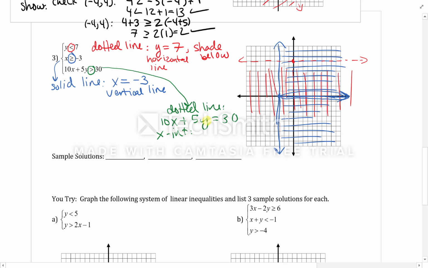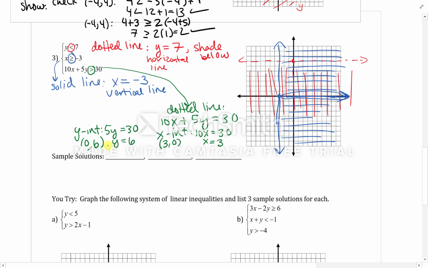So again, the x-intercept is when you plug in 0 for y, which would leave me with the equation 10x equals 30. So then x will be 3. So my x-intercept is 3, 0. And then my y-intercept is what I'd get if I plug in 0 for x. That would leave me with 5y equals 30, which would tell me that y should be 6. And so that y-intercept will be 0, 6.